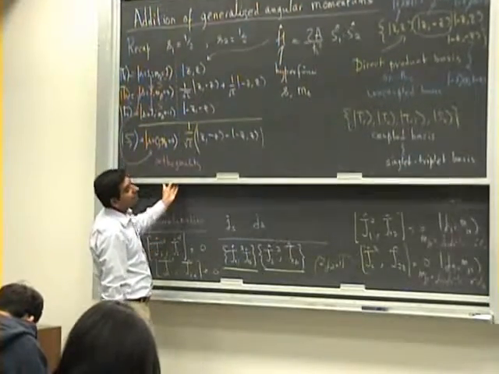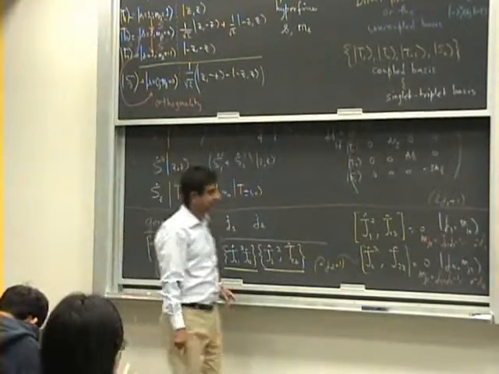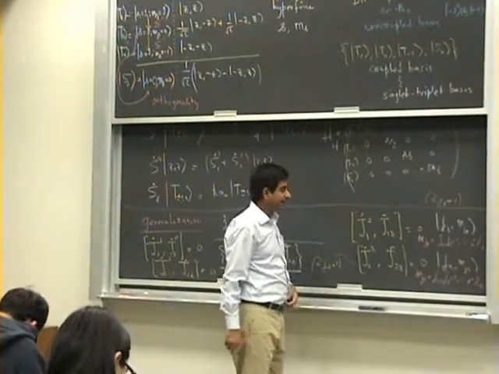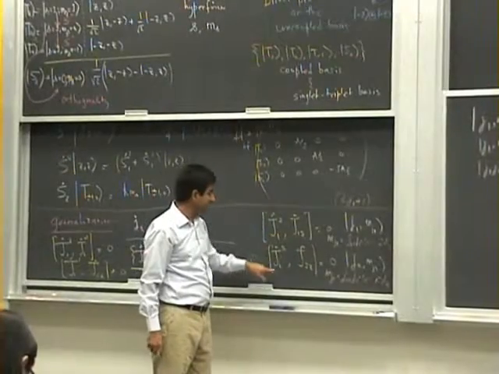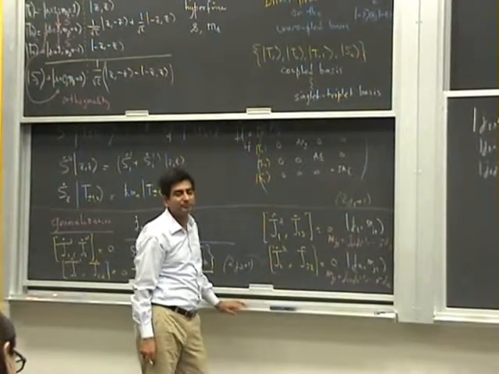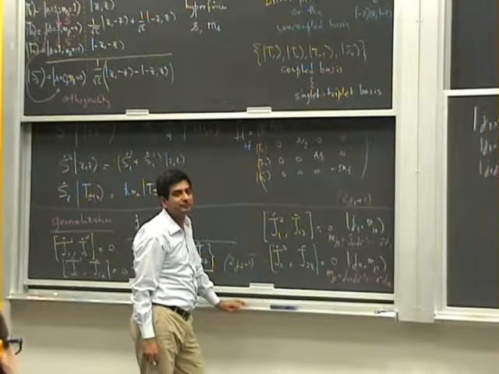Alright. Now if we have the direct product states, we have sets of operators j1 squared, j1z, j2 squared, j2z, which all mutually commute. Correct?